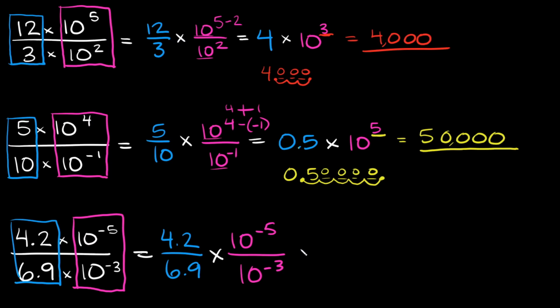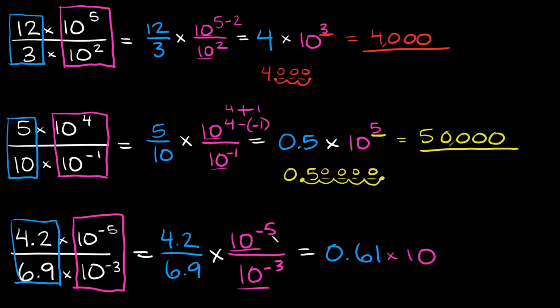All right, so let's simplify this. So 4.2 divided by 6.9, I'm actually going to round that to about 0.61. Okay, and then our second fraction right here, 10 to the negative fifth over 10 to the negative 3. We have the same base, right? So again, you just keep that same base.